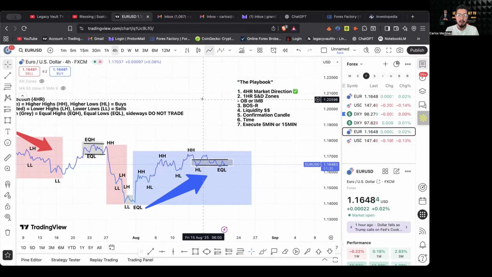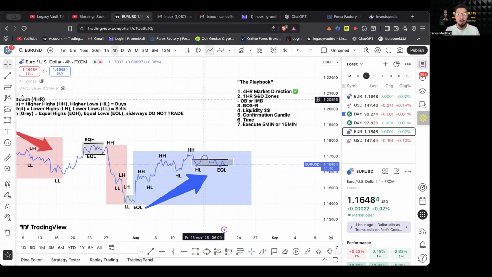Do not enter any trades without the completion of all these 7 steps. You want to take it step by step. That's the whole purpose of this playbook because it's a playbook, it's a guide, it's a blueprint for you as a trader. Just like any other sport.